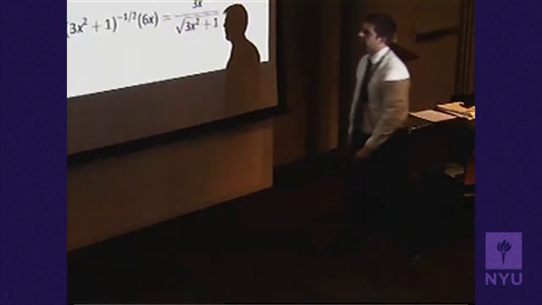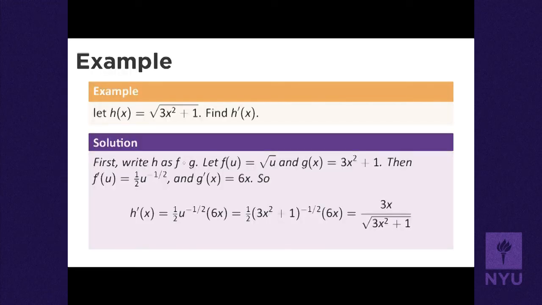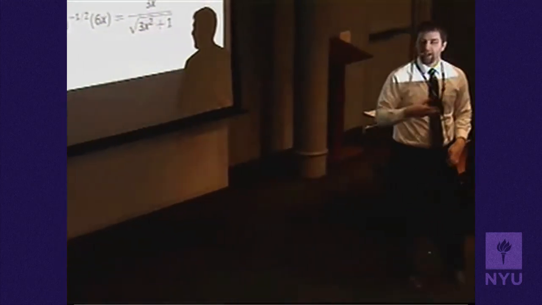Okay, that's exactly what I did here because I had 3x squared plus 1 to the 1/2 power. Its derivative was 1/2 3x squared plus 1 to the minus 1/2 power times the derivative of 3x squared plus 1. Okay, so that's just another sort of generalized version of the power rule.